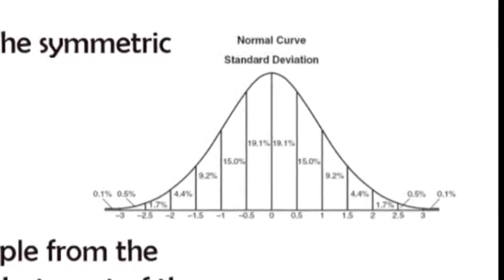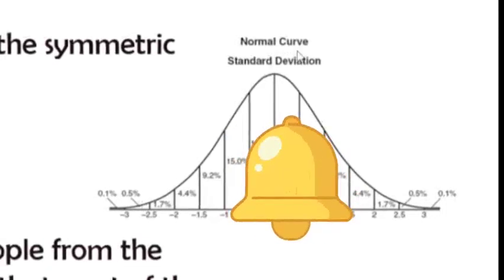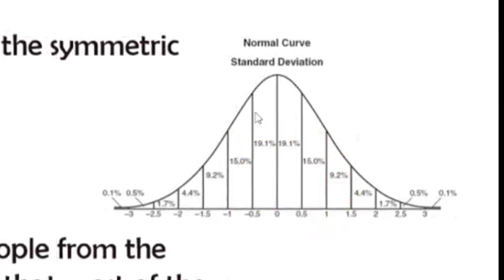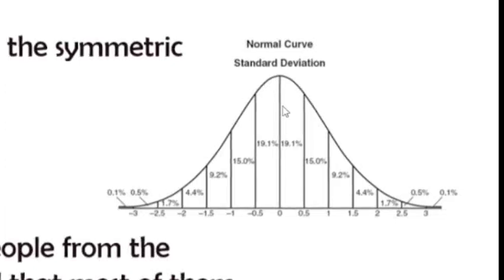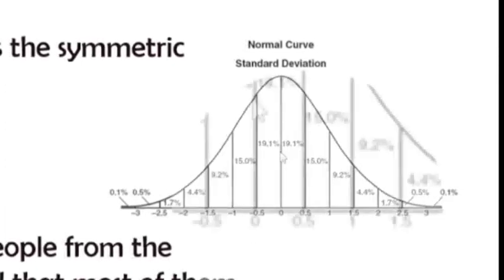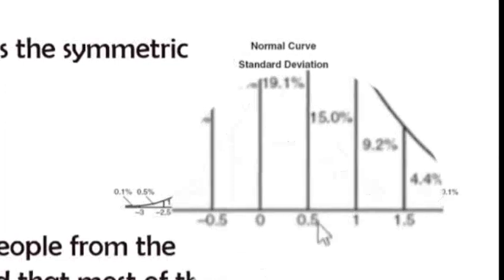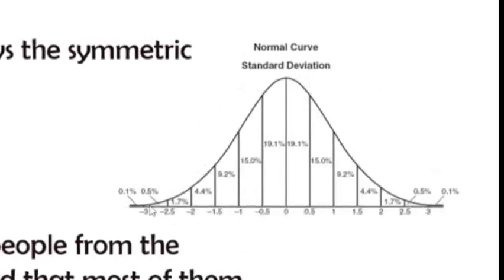You can see this curve is a bell shape, bulging out at the middle. This will be our zero, and from there is how the data deviates from the mean. You can consider this as 0, and from 0 to 0.5 and from 0 to minus 0.5 there is about 19.1% each.